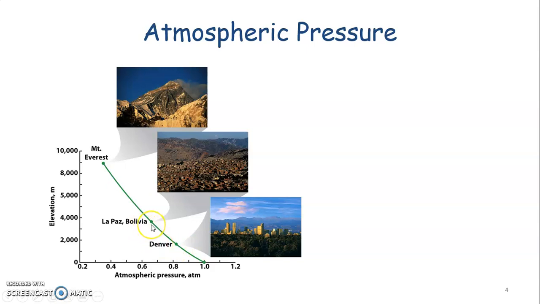La Paz, Bolivia is even higher, almost twice as high as Denver, and so we've gone down to just about 63% of what you would feel, or 65% of what you would feel at sea level, and then at the top of Mount Everest, you're getting crazy, and this is why climbing Mount Everest without oxygen to the summit is kind of crazy, because by the time you get up there, there's no air up there.